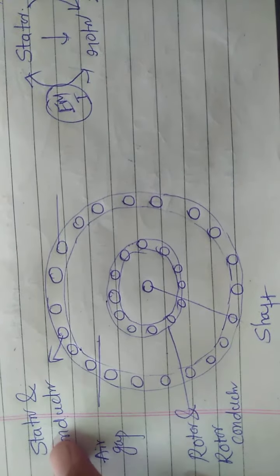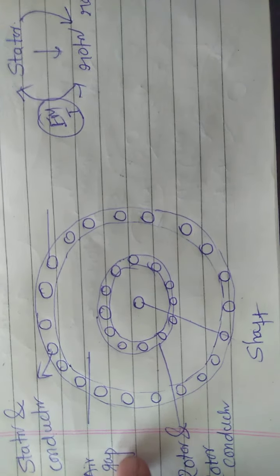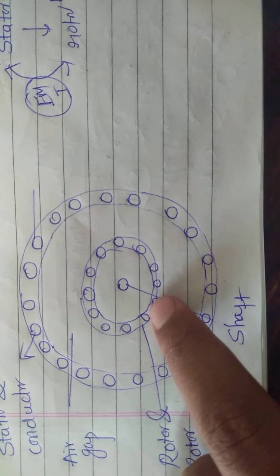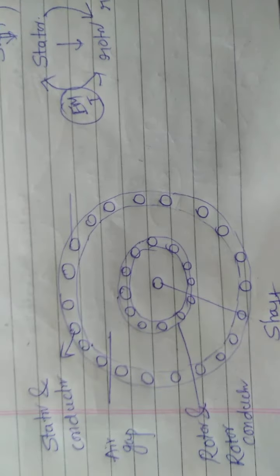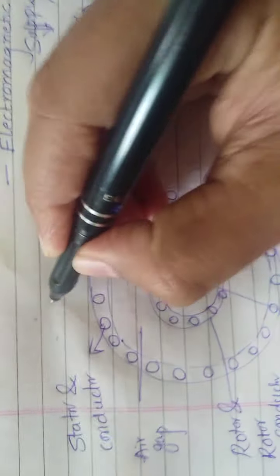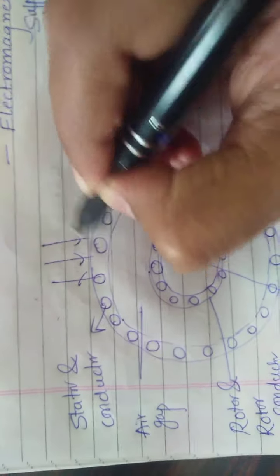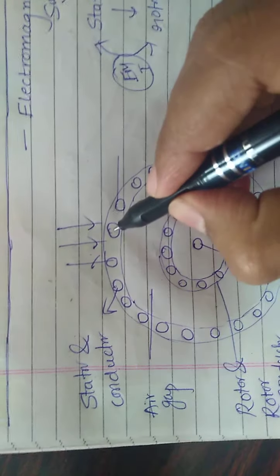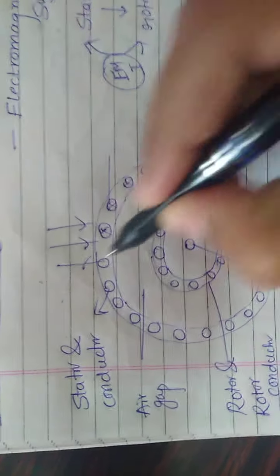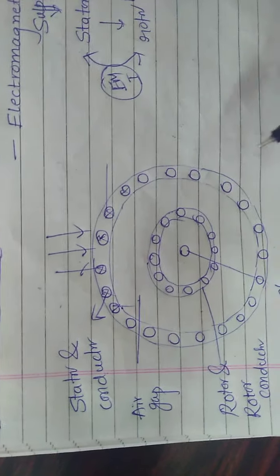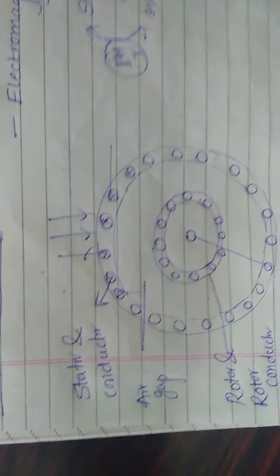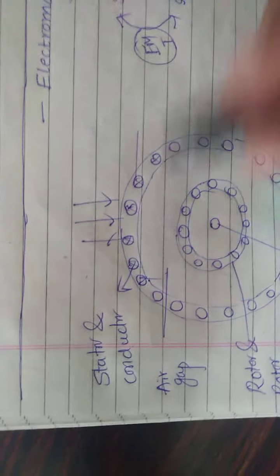Now we know the construction of this induction motor, correct? It is the stator and its conductors, and we have an air gap here, and we have rotor conductors, and there is a shaft. Whenever you give three-phase supply to the stator, current flows through the stator conductors. Due to that, flux will be produced at the stator conductors.